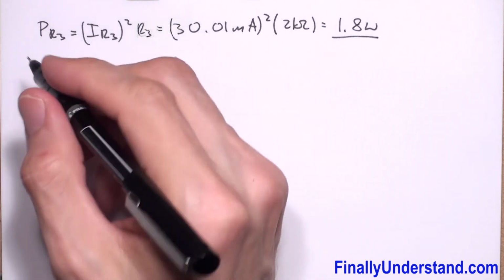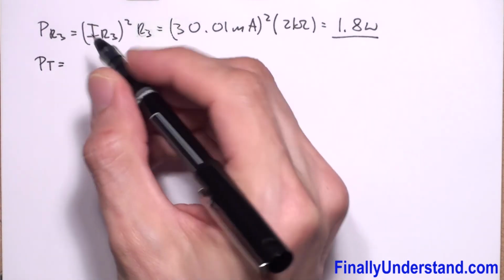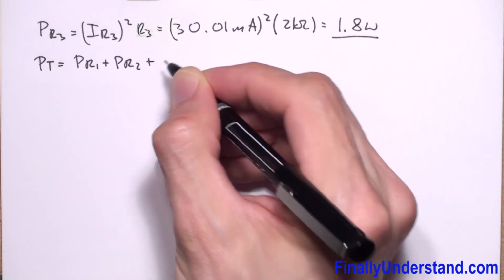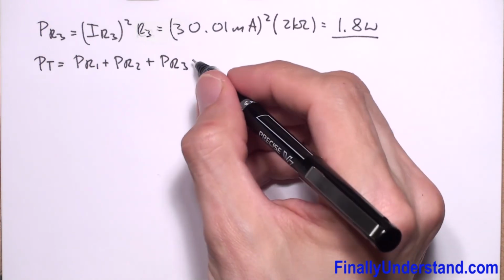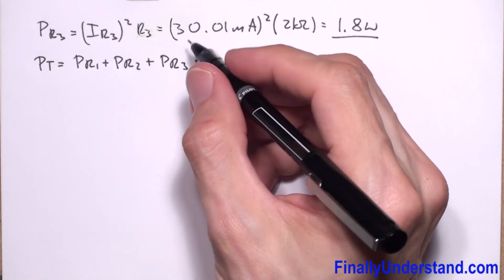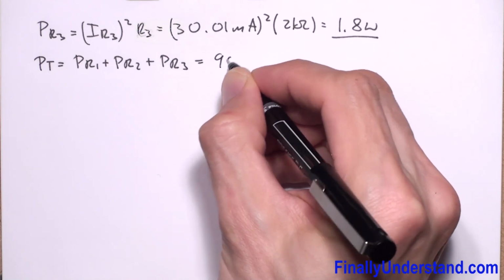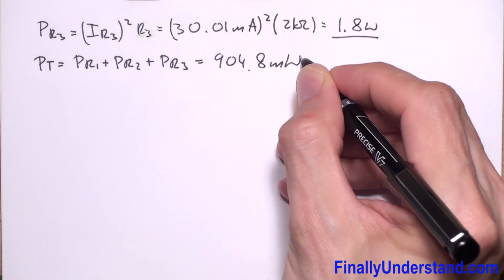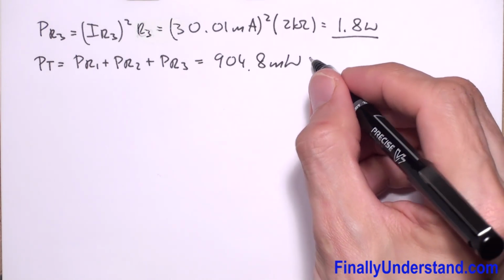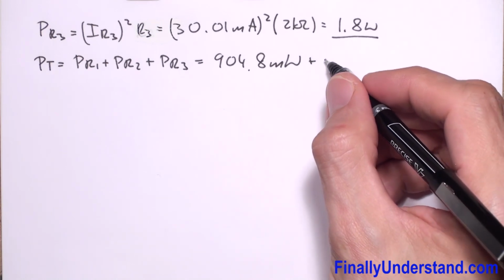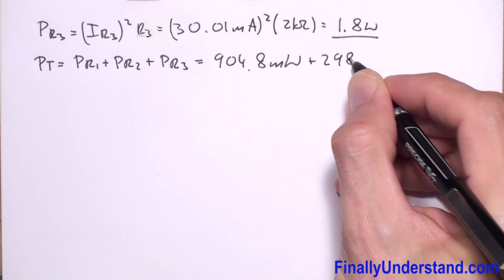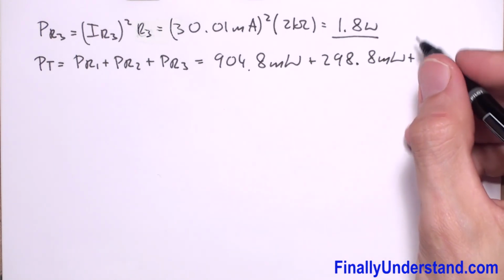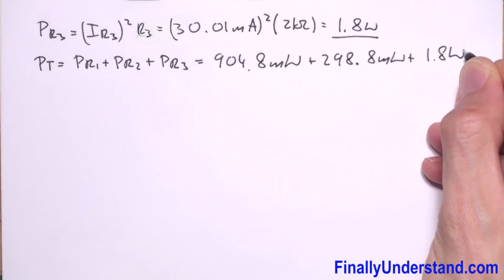If you want to find the total power, so PT is equal PR1 plus PR2 plus PR3. So I have PR1 we found is equal 904.8 milliwatts plus PR2 298.8 milliwatts plus PR3 1.8 watts.